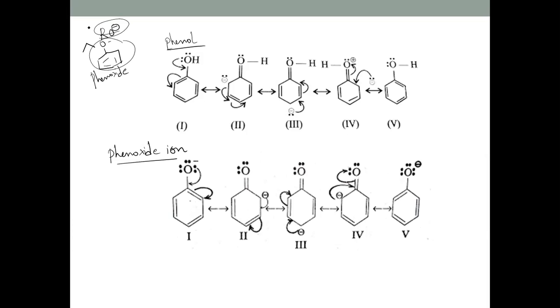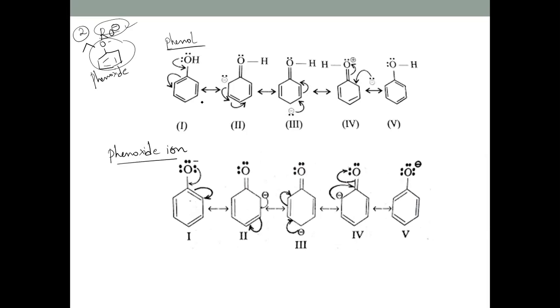So this is the second reason why phenols are more acidic than alcohols. Since resonance stabilization is possible in phenoxide ion, but in alkoxide ion no such resonance stabilization is there, phenoxide ion can be formed more easily. So phenols are more acidic. That means the equilibrium shifts towards the right side when compared to that of alcohols.